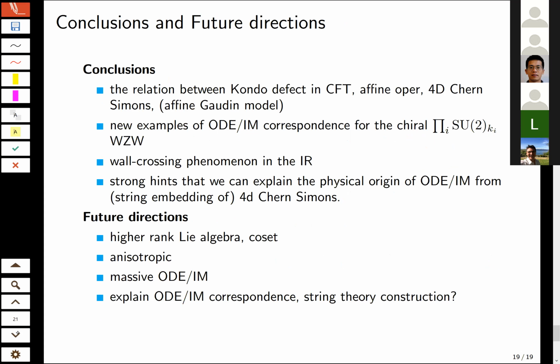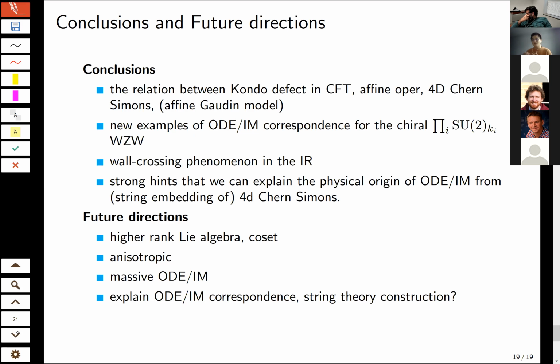So, conclusions. I told you about this relation between three different stories and the Kondo defect in CFT. The ODE is mathematically often called the oper, and then there is 4D Chern-Simons. If you do the calculations in practice, the calculations are often easier on the ODE side.